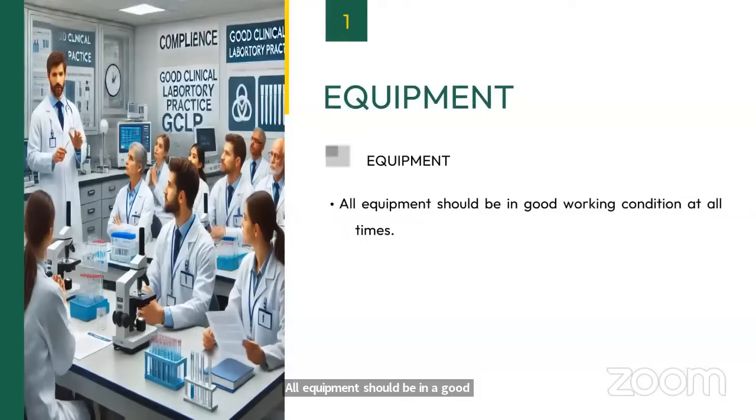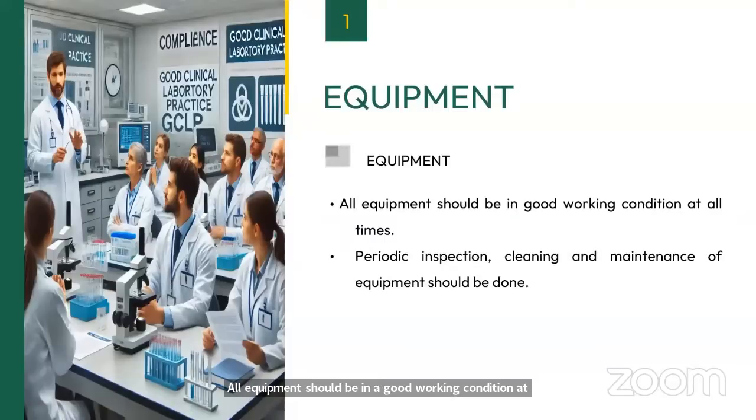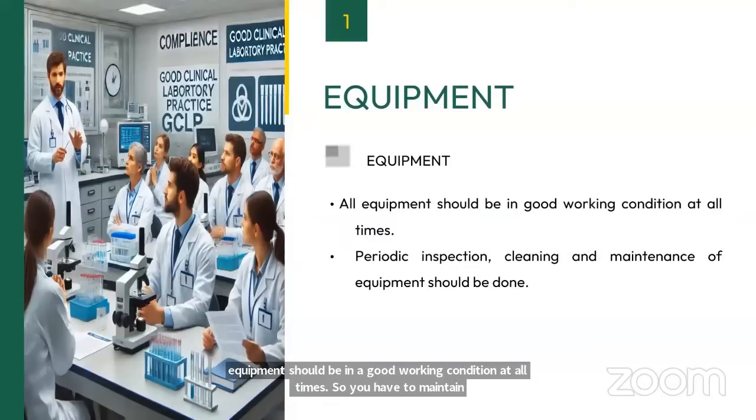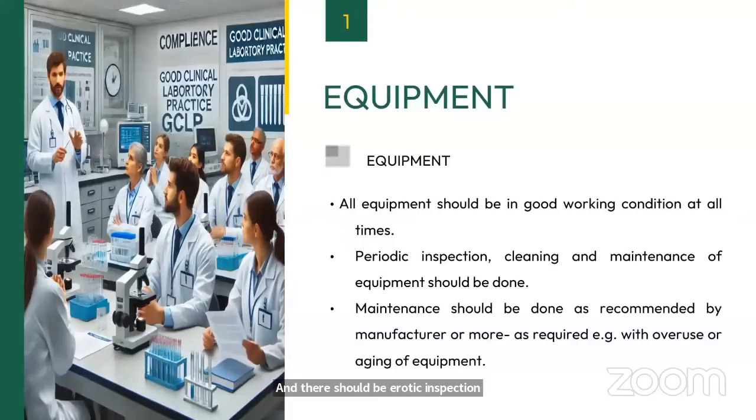So you have to maintain uptime of the equipment. There should be periodic inspection, cleaning, and maintenance of the equipment. Maintenance should be done as recommended by the manufacturer. So don't overuse, or don't use any outdated or aged equipment. Once it is not working properly, make proper maintenance of that equipment.